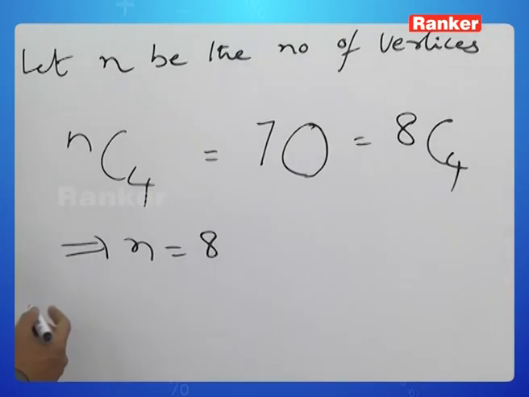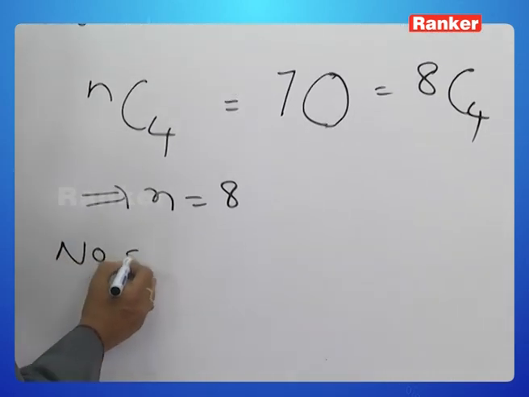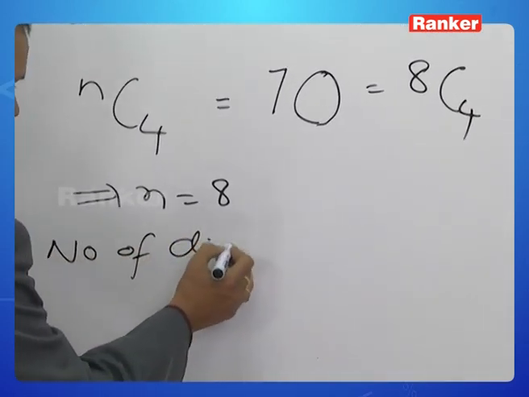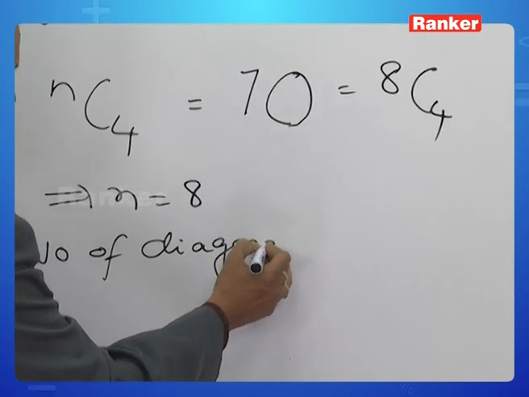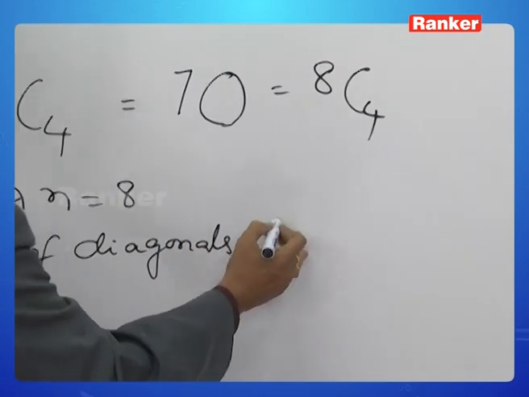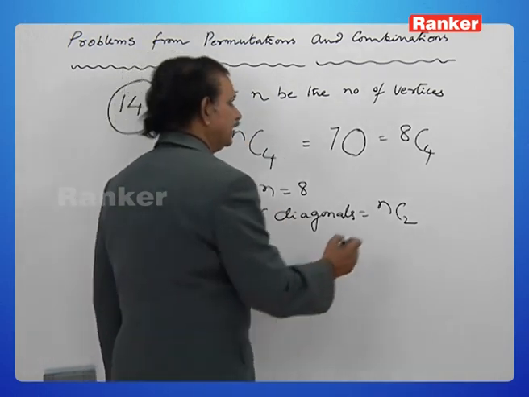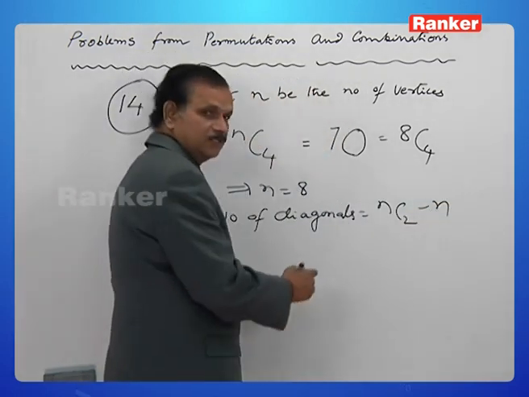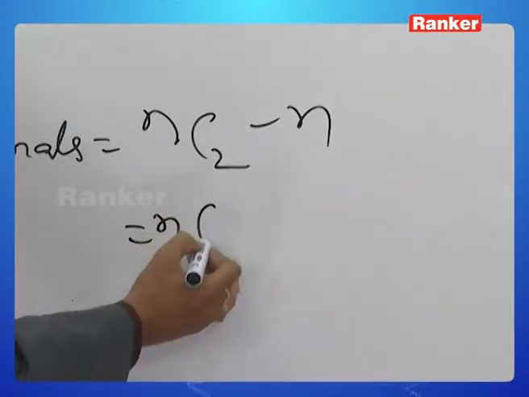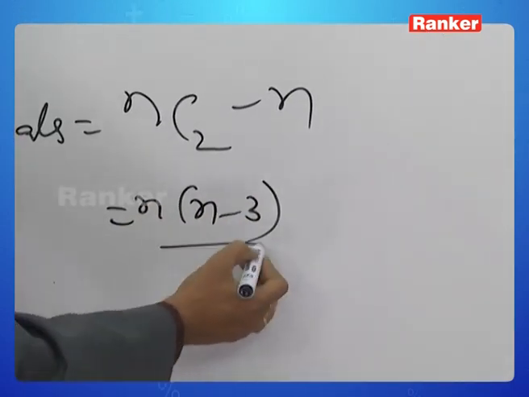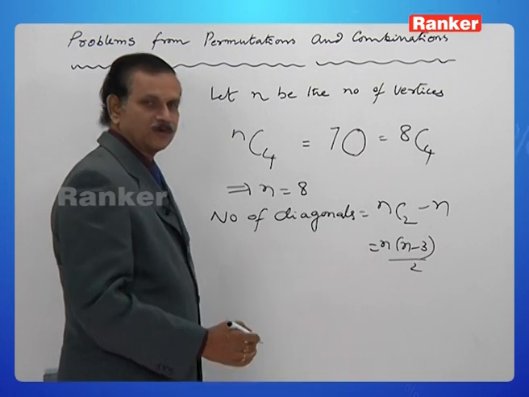Therefore, number of diagonals is equal to total number of straight lines using these n vertices minus number of sides. This can also be taken as n into n minus 3 by 2, and you take n is equal to 8.